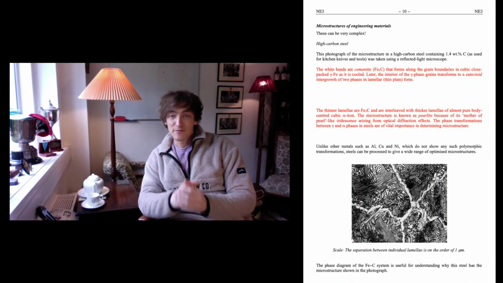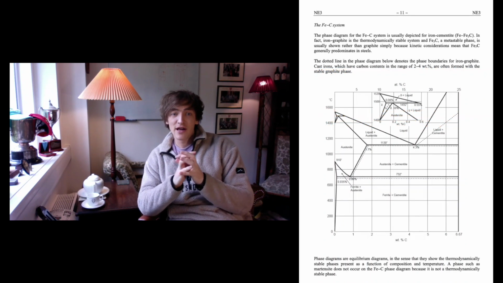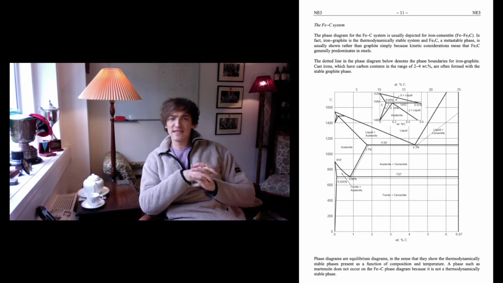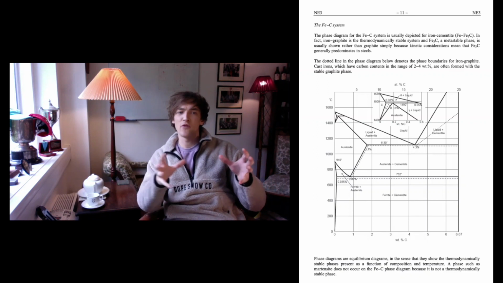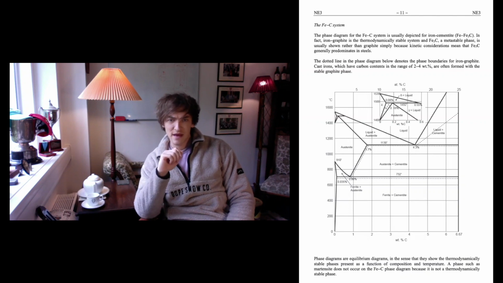Well, fortunately, we've got phase diagrams. That's where they come in useful, which you can see on page 11. This is a phase diagram for the iron-carbon system, and we can use this diagram, which shows the phases stable at equilibrium, i.e. stable after infinite time for a given temperature, because you've got temperature on the y-axis and carbon content on the x.